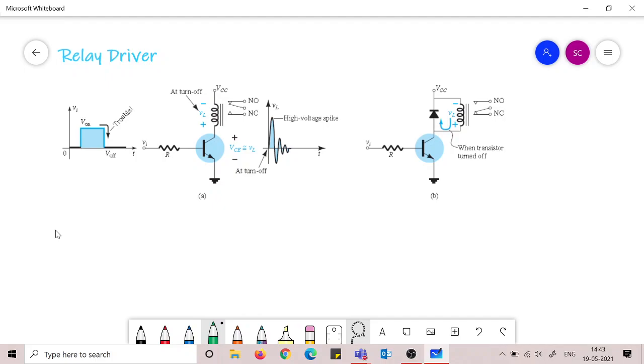Basically, relays are used in order to cut off parts of the circuit which are not operating in a correct way. So there is some fault in some part of the network or the circuit, and that fault gives rise to some signal.